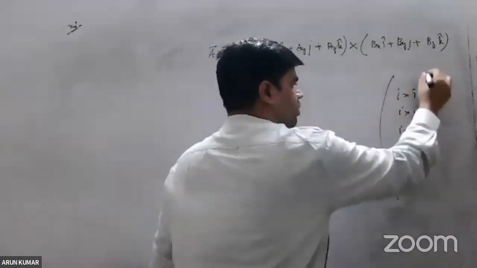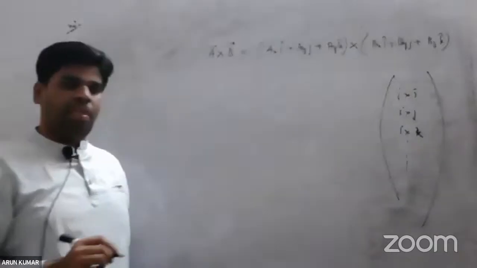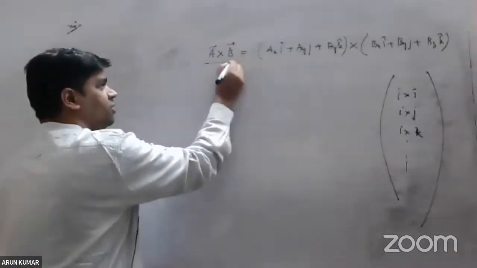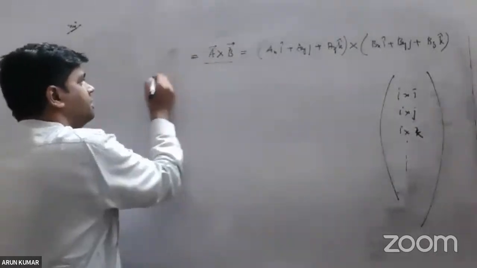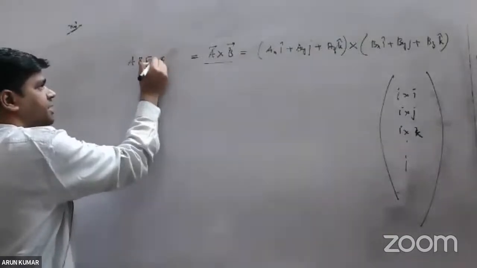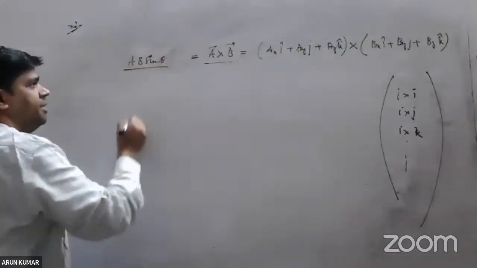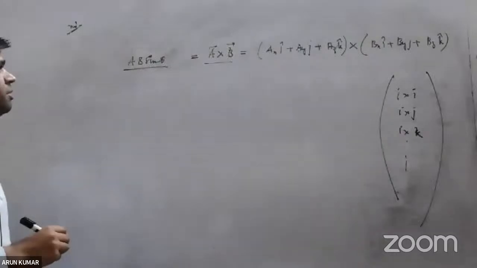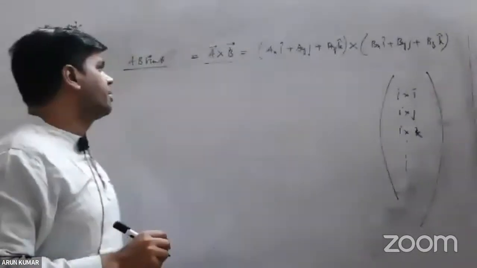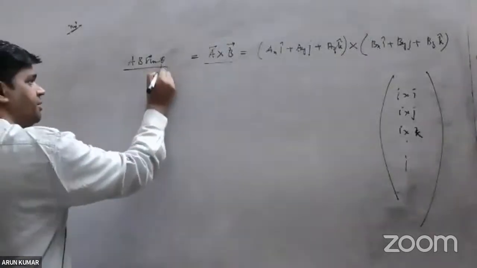So let's understand what this is. When I have 2 parallel vectors, what is A cross B geometrically and component wise? It is AB sine theta, right? We have done this, right? Yes, sir. What is the angle theta between them?